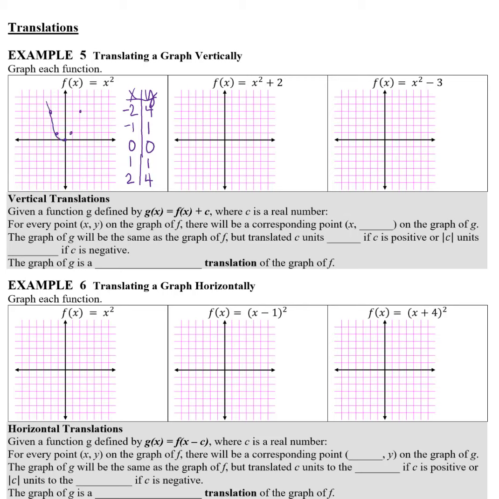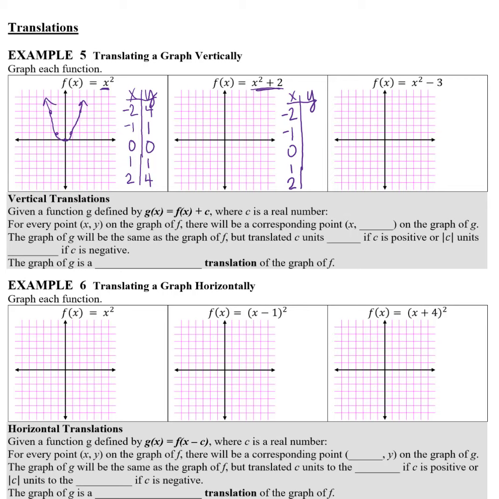For the next graph, we have x squared plus 2. So we can use our previous table to find the values of y in this table, because do you see how the only difference between these two equations is that here we just have x squared and here we have x squared plus 2? So that means I'm just taking these y values and adding 2 to them.